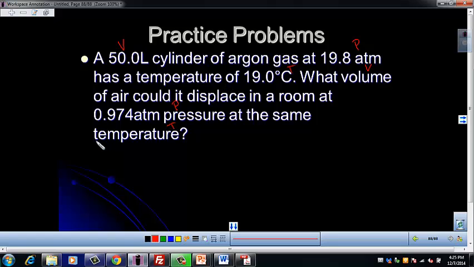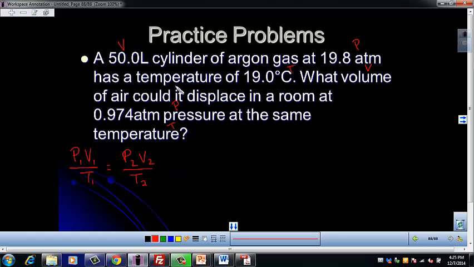So the best equation to use will be the combined gas law, which is P1 V1 over T1 equals P2 V2 over T2. And when you try to figure out which one should be P1, which should be T2, that sort of thing, remember that it's not really important which set of conditions you pick as set 1 or set 2.